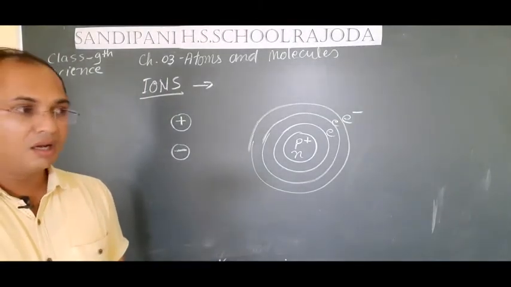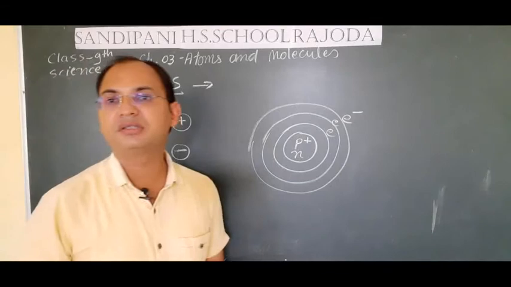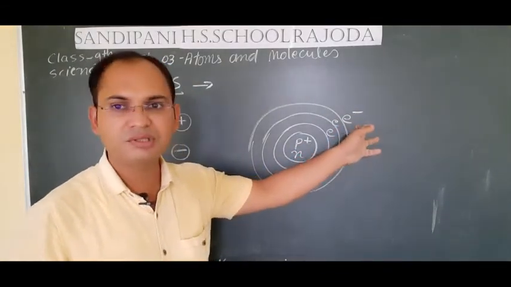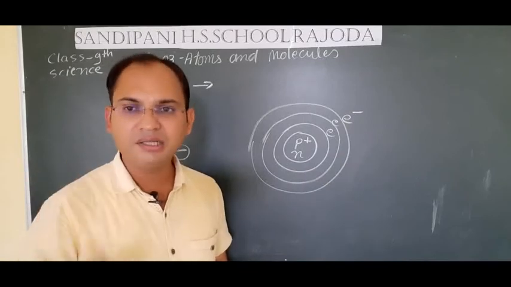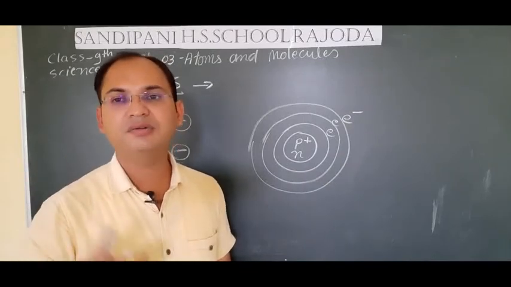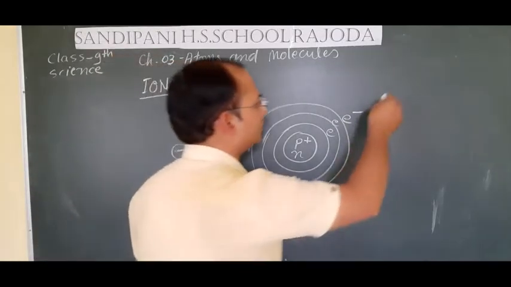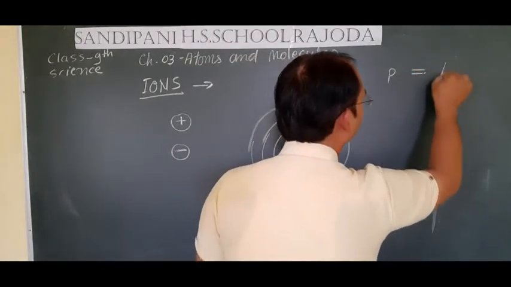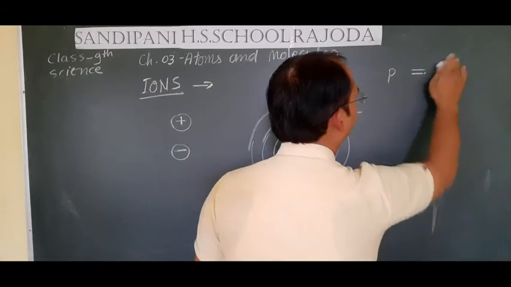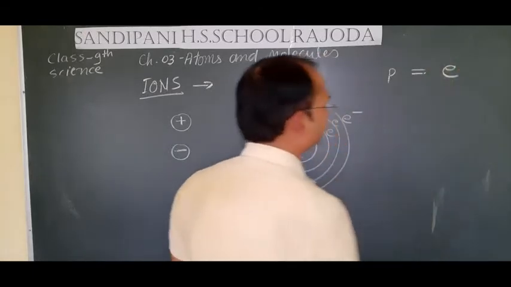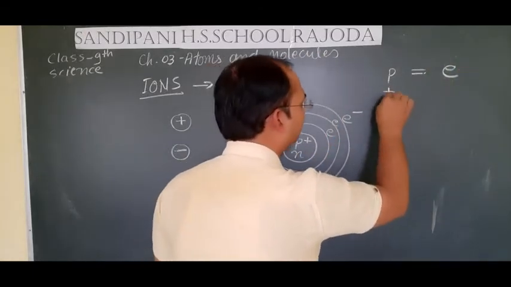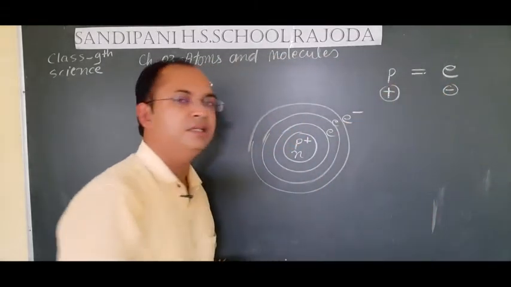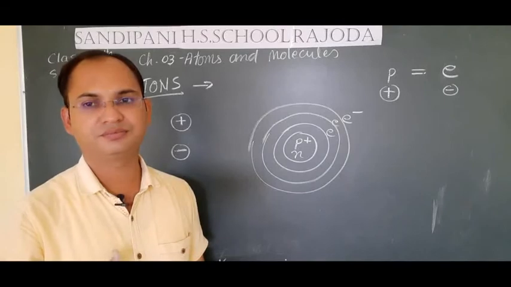Now we have also seen students that the total number of protons and total number of electrons in a neutral atom are always equal. So here we can say that the number of protons is equal to the number of electrons, or we can say that positive charge and negative charge are equal in a neutral atom.